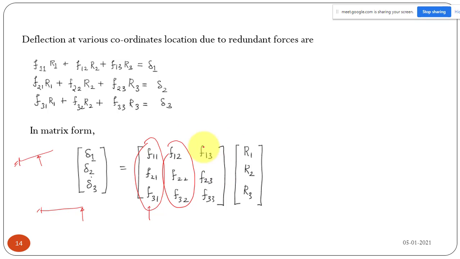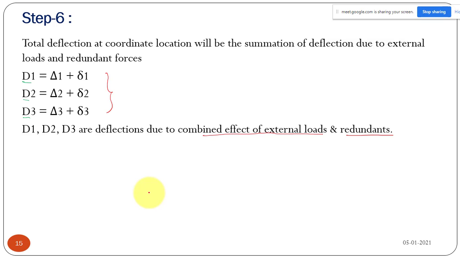Similarly, you apply unit load at the third coordinate and get deflections at all the coordinates F13, F23, F33. That is your third column. This is all you have to remember to get your flexibility matrix. We will take 2-3 examples and see how to solve them.